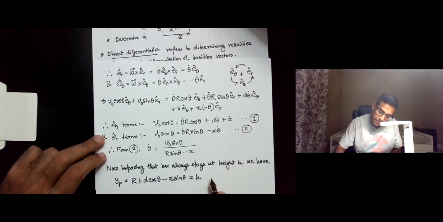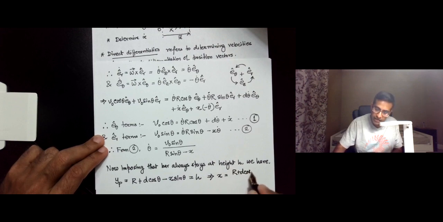So basically x can be given by r plus d cosine theta minus h, divided by sine theta.